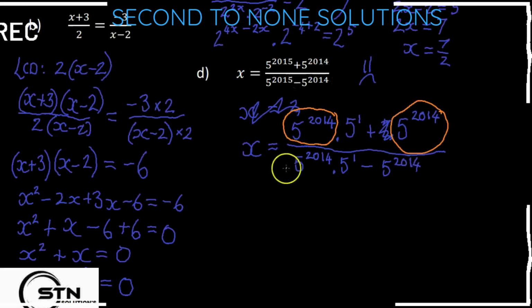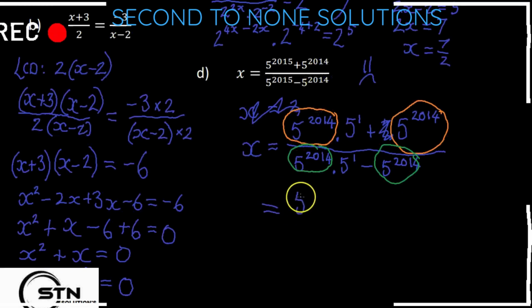So once again, a common factor, 5 to the power of 2014 and 5 to the power of 2014. Let's take it out. So at the top, 5 to the power of 2014. We're left with 5 plus 1. Looks much easier now, doesn't it?